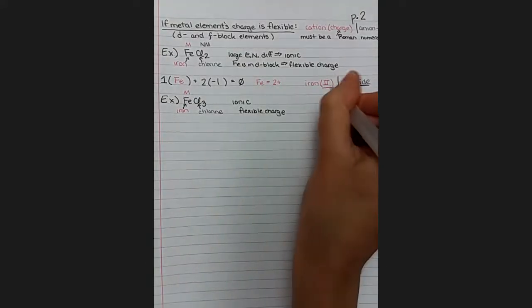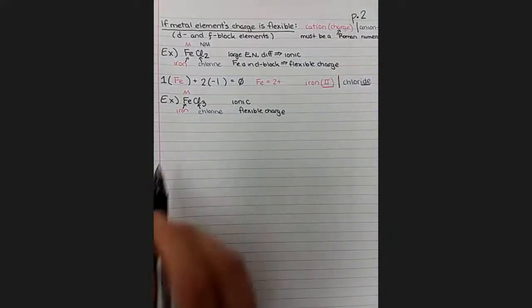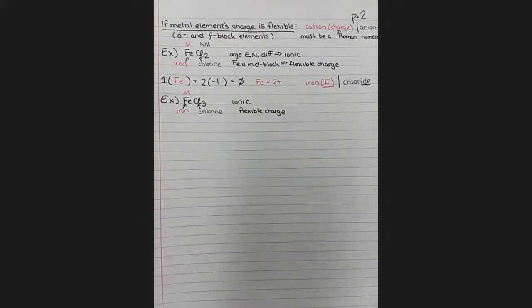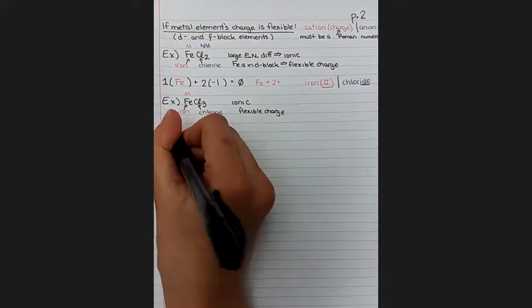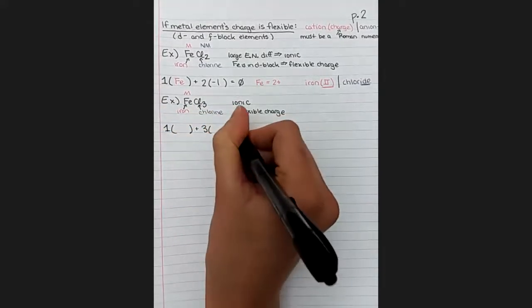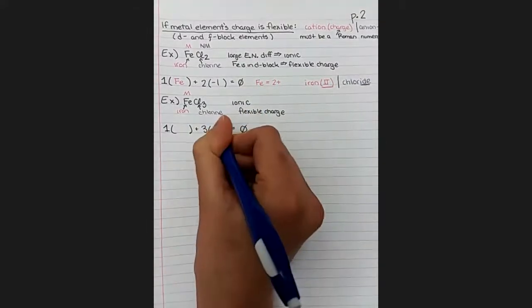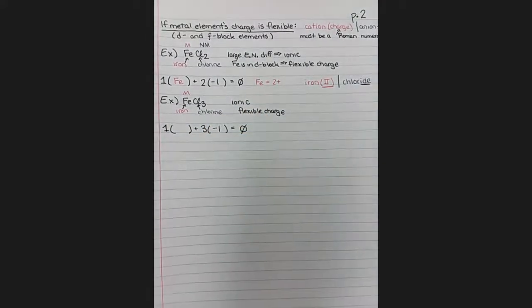So now there's two interesting parts to our name. Pause the video and see if you can figure out how to name the next iron chloride compound. We need to take 1 iron plus 3 chlorines, and the total charge needs to equal 0. We know the charge of chlorine is -1.